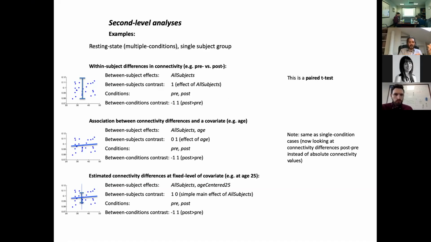In this case, I just care about the average across subjects, so I can just say all subjects are one, because that's what I would do to look at something on average across all subjects. And then what do you care about across conditions? In this case, like fast minus slow or pre minus post, I care about the difference between these two conditions. So just select those two and enter a contrast that specifies the difference. That would effectively be a paired t-test across those two conditions.